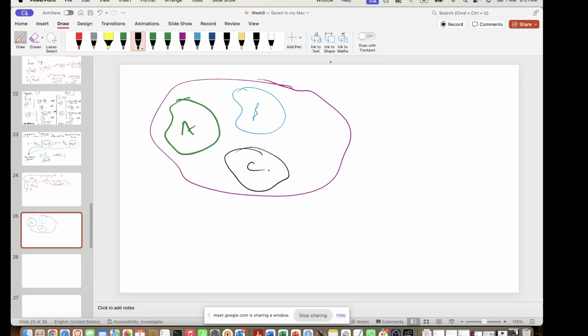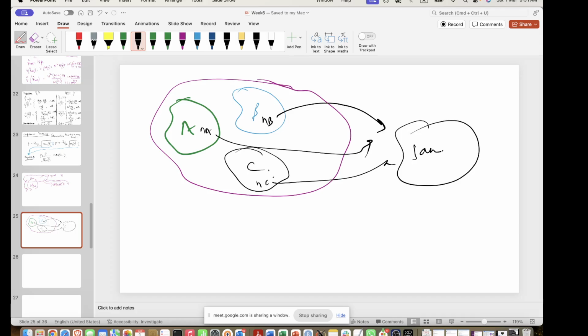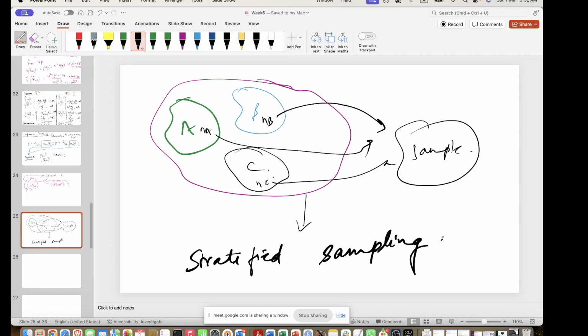If we take NA samples from here, NB samples from here, NC samples from here to make our sample, then this approach is called stratified sampling.